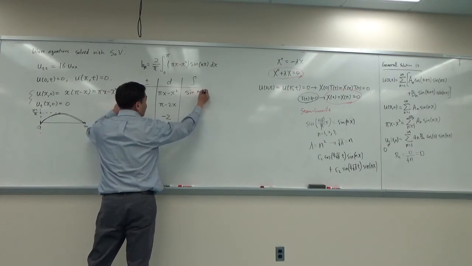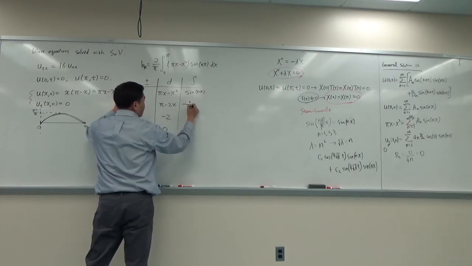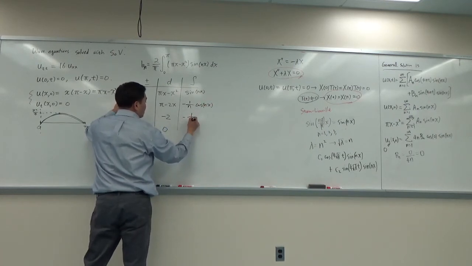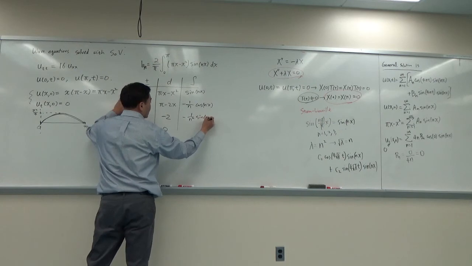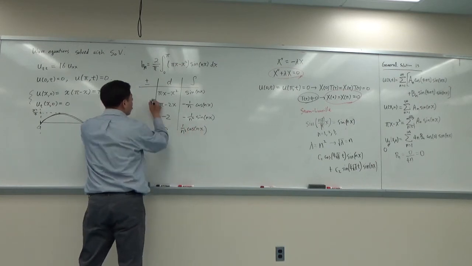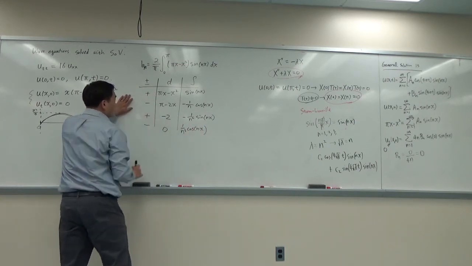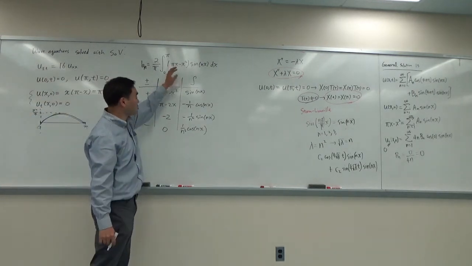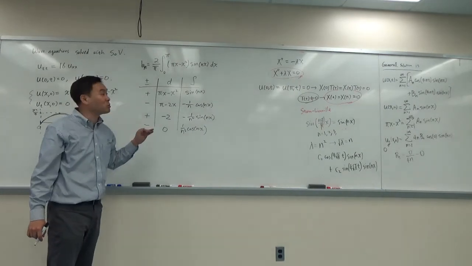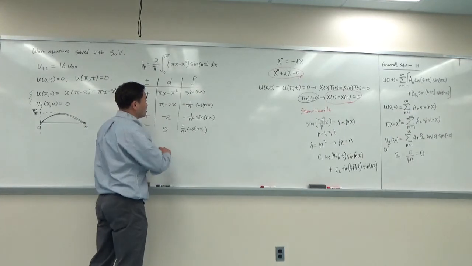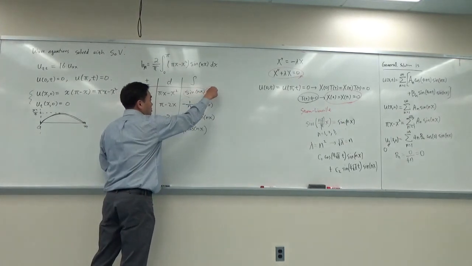Sine nx, negative 1 over n cosine nx, negative 1 over n squared sine nx, positive 1 over n cubed cosine nx, plus, minus. And once again, if these are polynomials, by the way, this trick only works for polynomials. Don't use it when it's not.